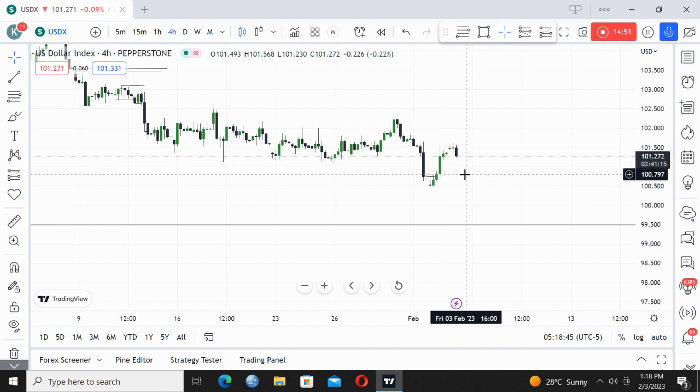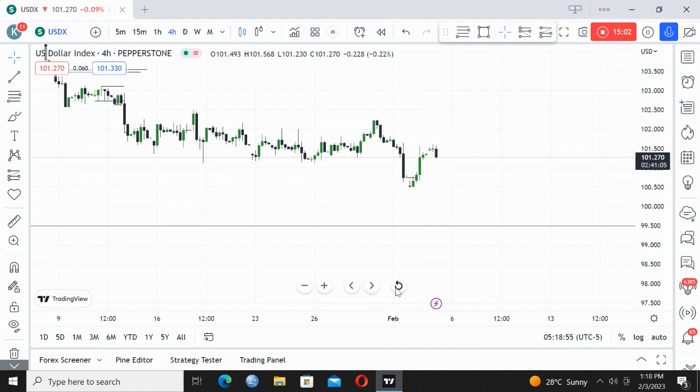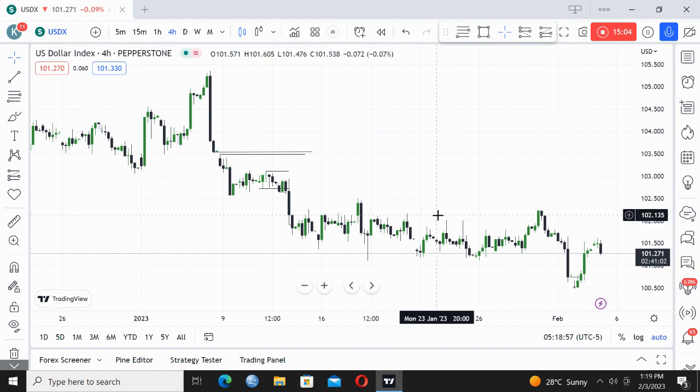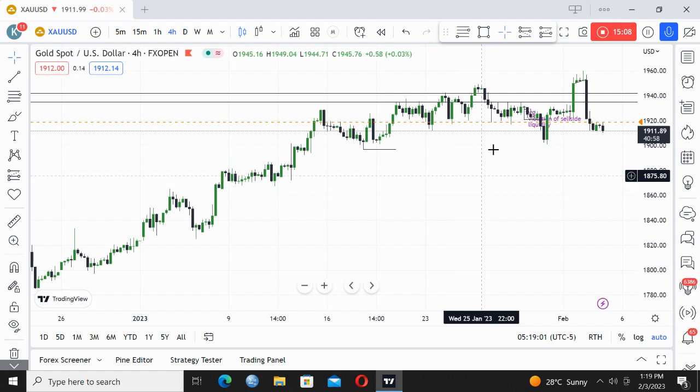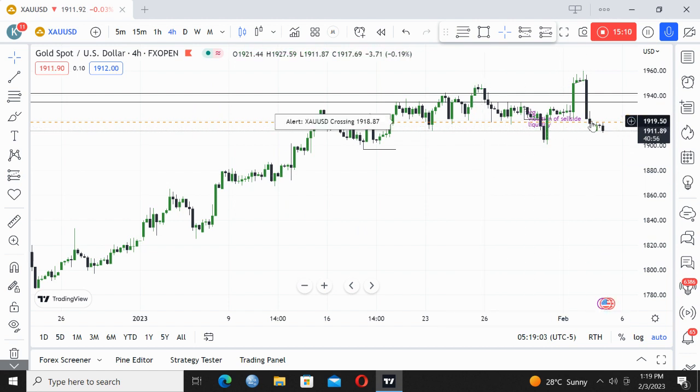So the market probably is moving lower to fill it before it decides the direction to take in the market. Yeah, it's gold.